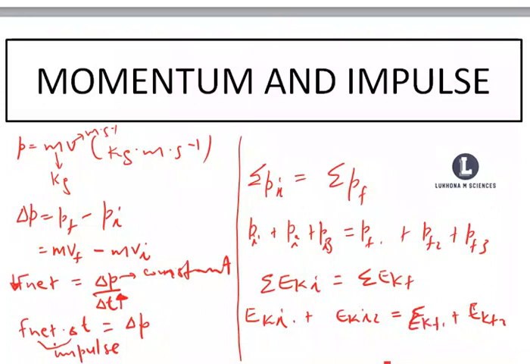So that is elastic collision. For any inelastic collision, the sum of EK initial is not equal to the sum of EK final.